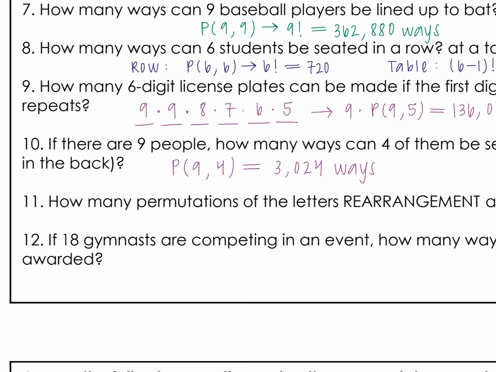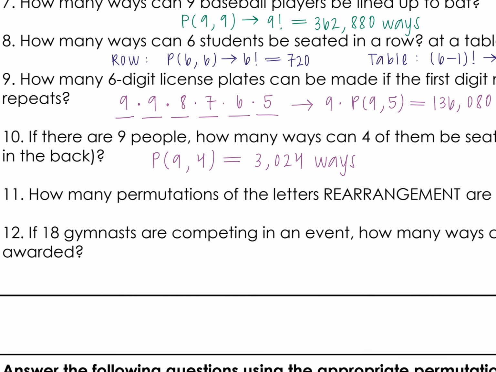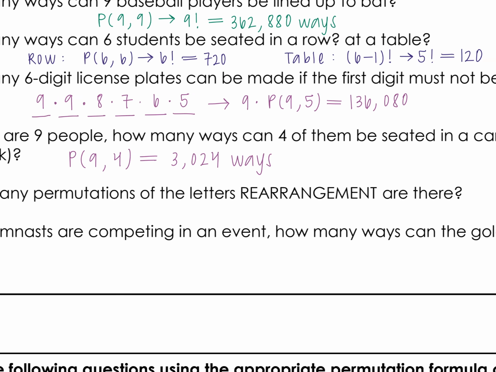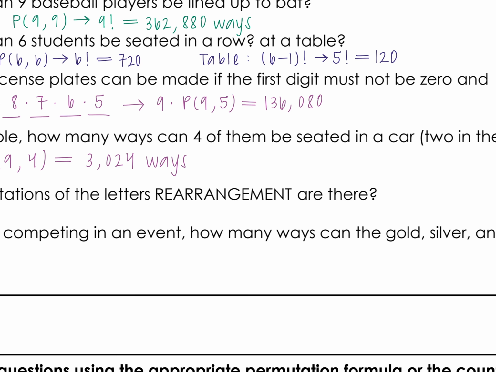Okay, moving into number 11. How many permutations of the letters in the given word are there? So we've got 1, 2, 3, 4, 5, 6, 7, 8, 9, 10, 11, 12, 13. 13 different letters I can pick from. Now remember, we have letters and some of them are repeats. So we've got to go through and divide by how many times each repeats. So we have that R in there 3 times.